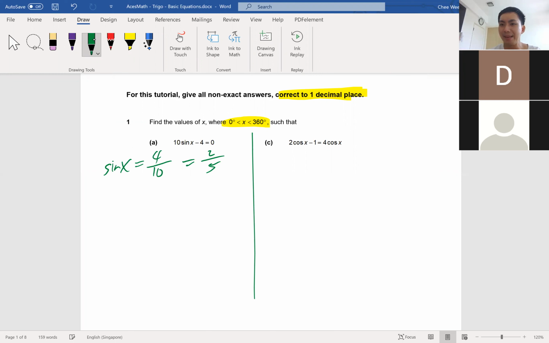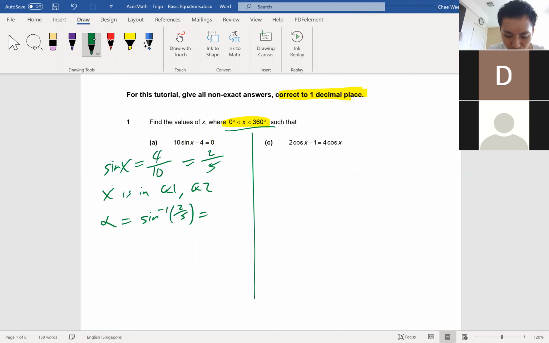You cannot be making careless mistakes when it comes to this kind of algebraic manipulation right now. So you will then write x is in Q1, Q2. There are only a maximum of 4 quadrants in this case because the range is 0 to 360. One full revolution is 4 quadrants, all right? Then from here, you'll write alpha is equal to arc sine 2/5.